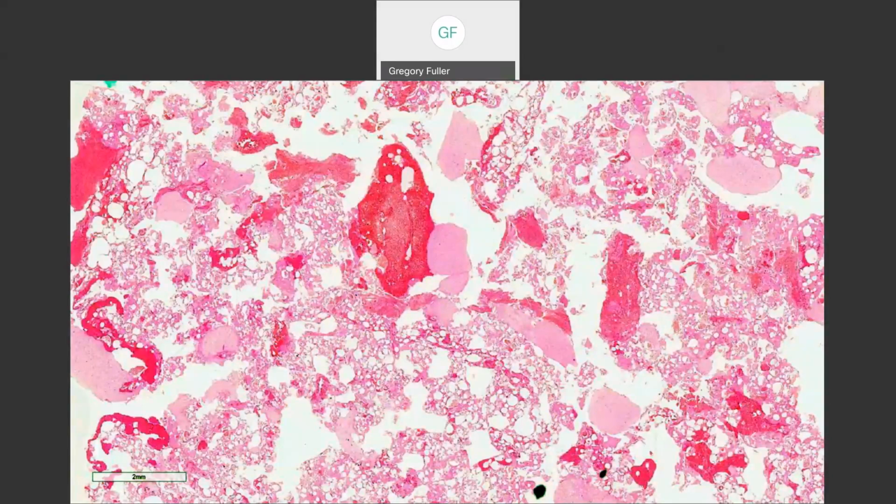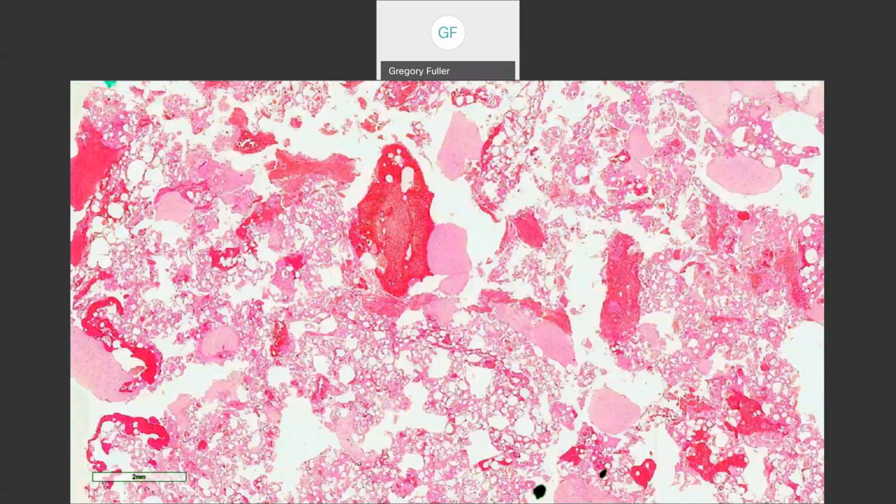It could have been taken by a CUSA instrument. Cavitron, that's a trademark. It could have been taken by Sonopet. Sonopet is a competing company. So the abbreviation CUSA is trademarked, but cavitational ultrasonic surgical aspiration, the process, is certainly not trademarked. So this is a CUSA specimen.